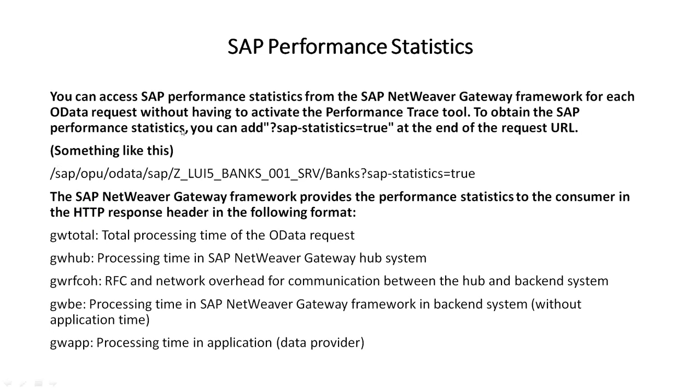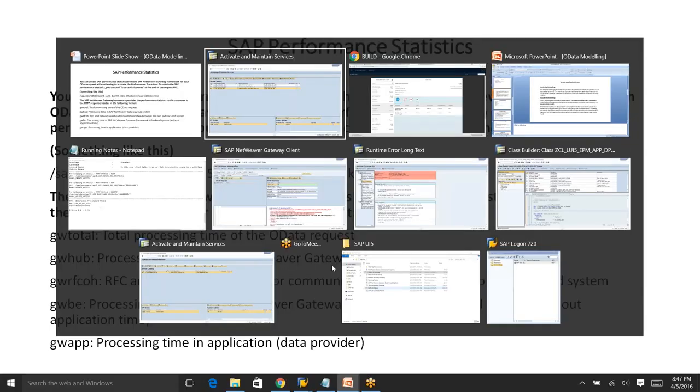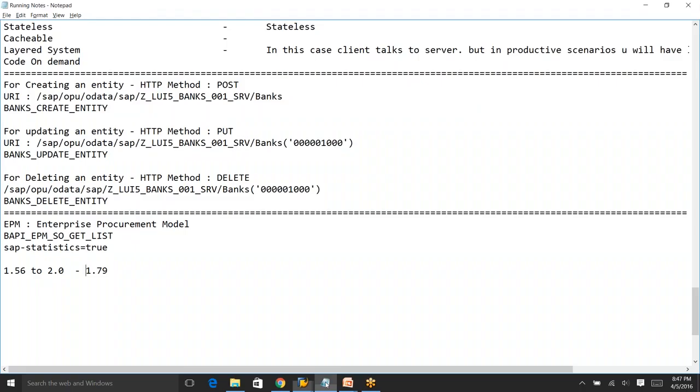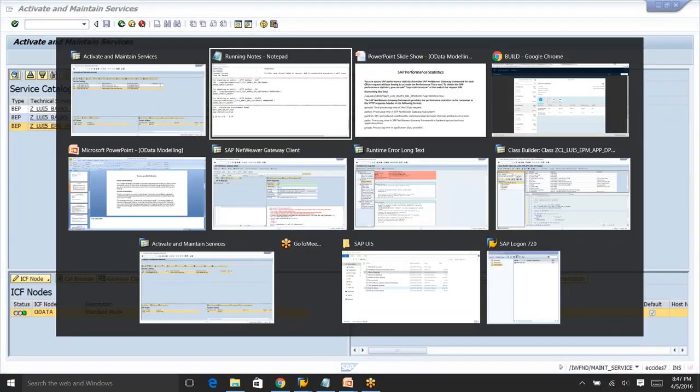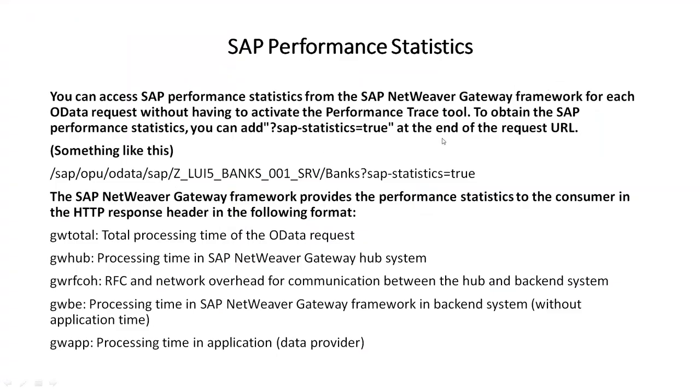SAP performance statistics, as I have told you earlier: when you use this query option sap-statistics equal to true, it is going to give you these different components. One is gateway total, the total processing time for the OData request.